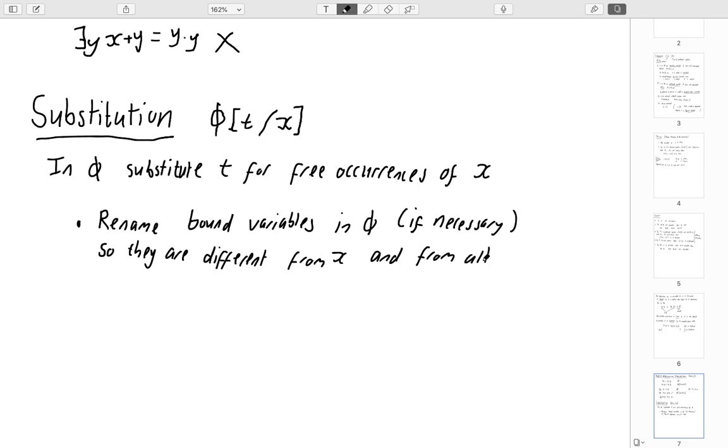You can't bind a variable in a term because a term can't contain quantifiers. So from all variables, only formulas contain quantifiers.